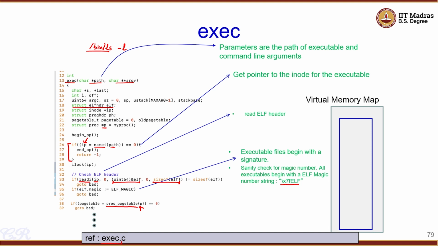So p here corresponds to the child process. p is the entry in the proc structure, or the process control block, for the child process. Now proc_pagetable would return a pointer to the page table for the newly created child process.